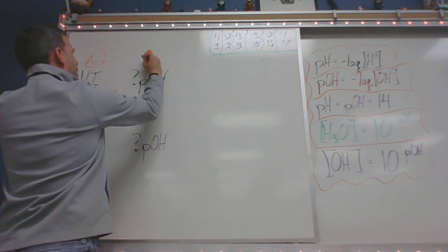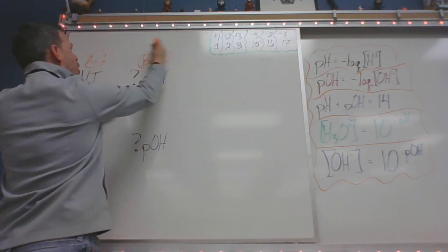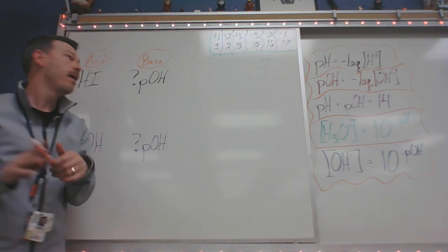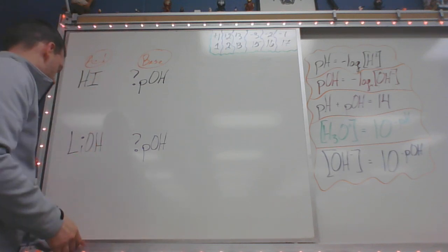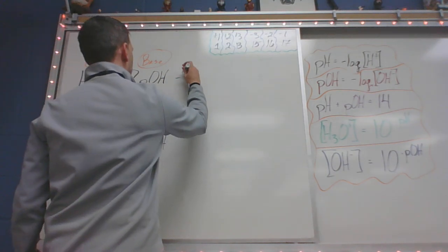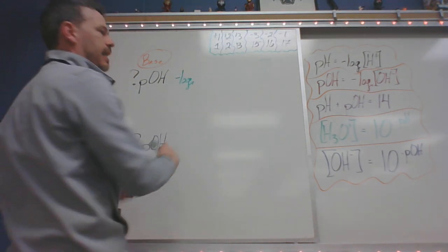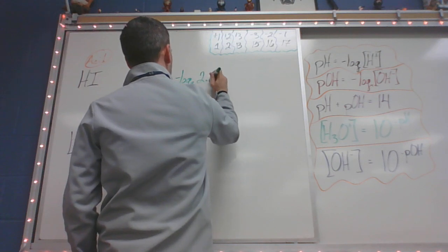OH is a base. So I know right away there are 2 parts to what I need to do. The first part is just negative log of the concentration, 2.6 E negative 7.